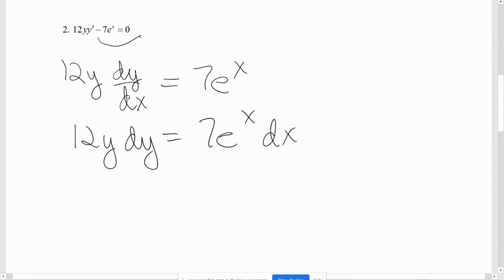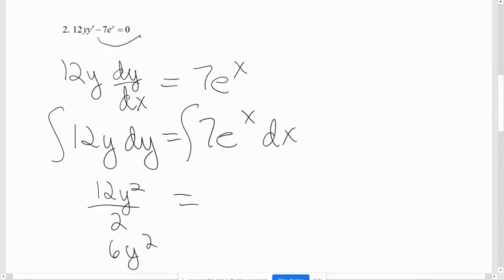Okay, so then we'll do antiderivative of both sides. And this one I would get 12y squared over 2, which would just be 6y squared. This one, it would just be 7e to the x plus a constant.